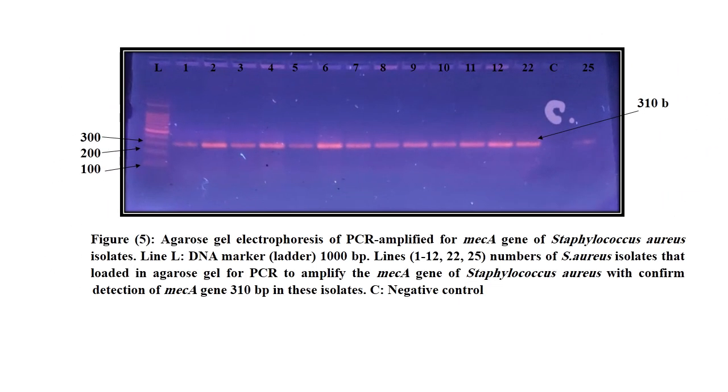Figure 5 showed agarose gel electrophoresis of PCR-amplified mecA gene of Staphylococcus aureus isolates. This figure showed confirmed detection of the mecA gene in these isolates, recorded at 310 base pairs when compared with the marker.